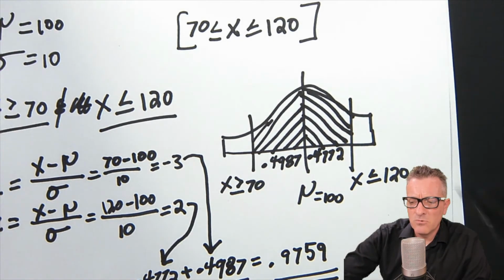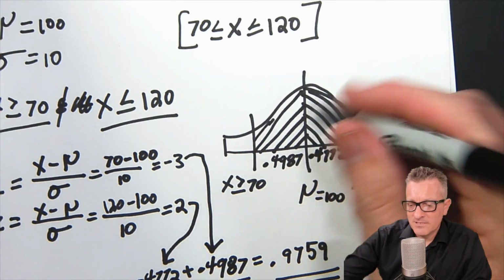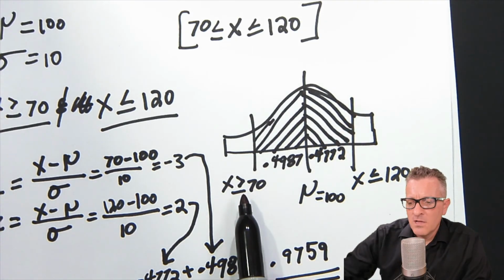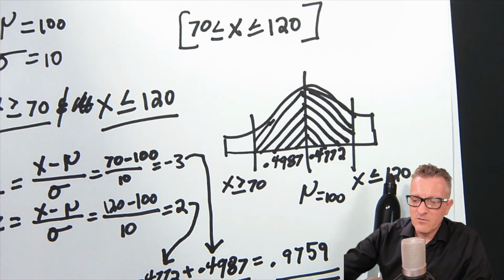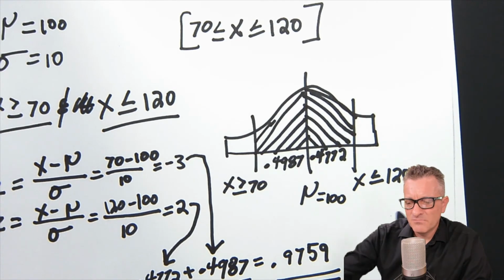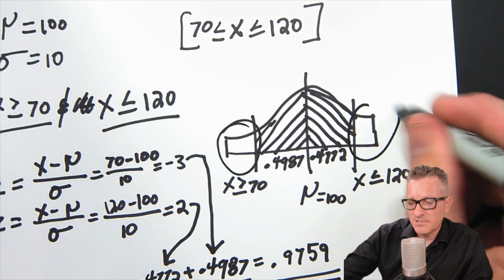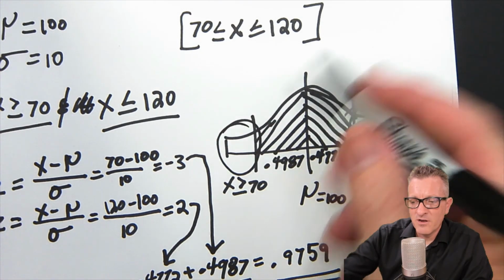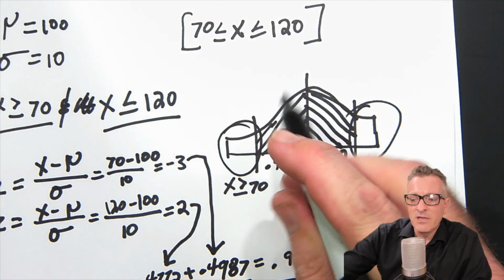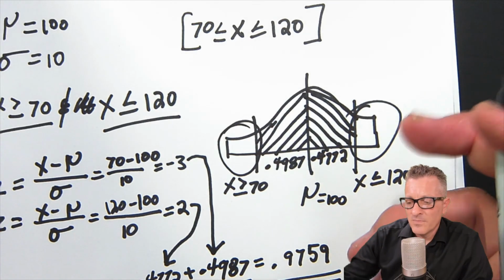It doesn't really work that way. Something could be higher or lower, but it can't be both. We usually don't deal with that. We're always solving for this part, not the tails. It would be a weird question where we're solving for the not between, and we just don't go there in this class. So that's all I have.